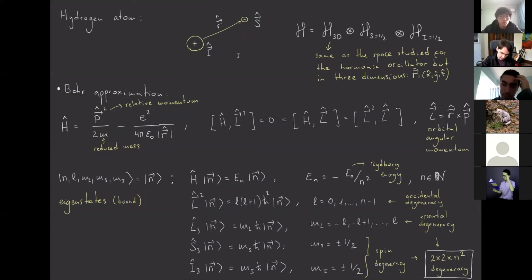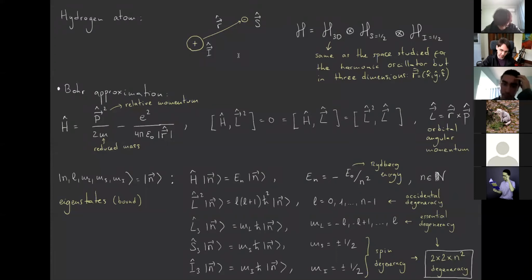What's important here is that we have a three-dimensional Hilbert space and two spin spaces, so we need 5 quantum numbers to uniquely characterize the eigenstates, or a basis, of your Hilbert space.